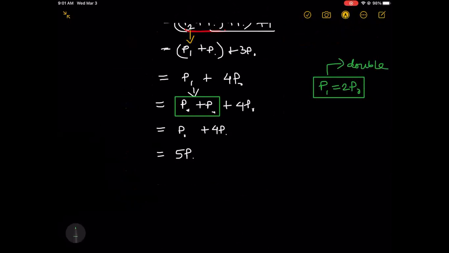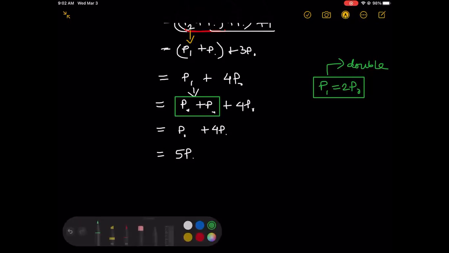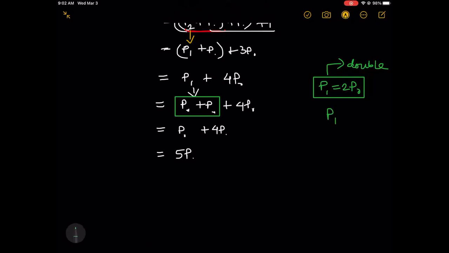But that's not the case. So we can't really use this information here. We need to have P1, or since we have the information for 2007, which is P4, we can use that.